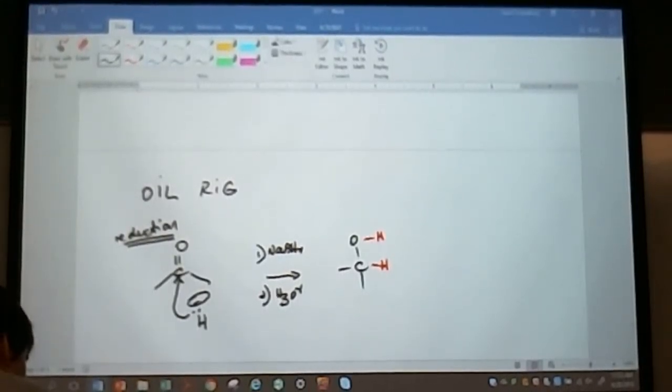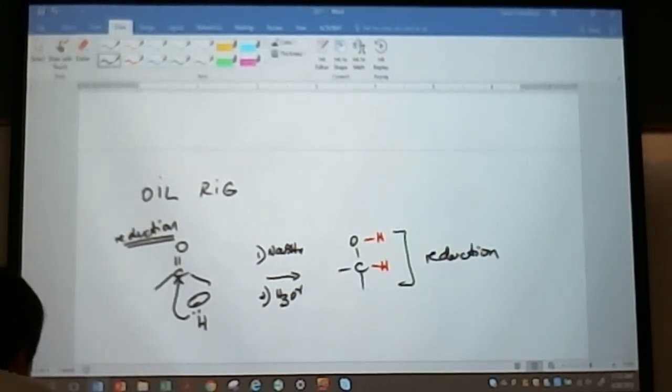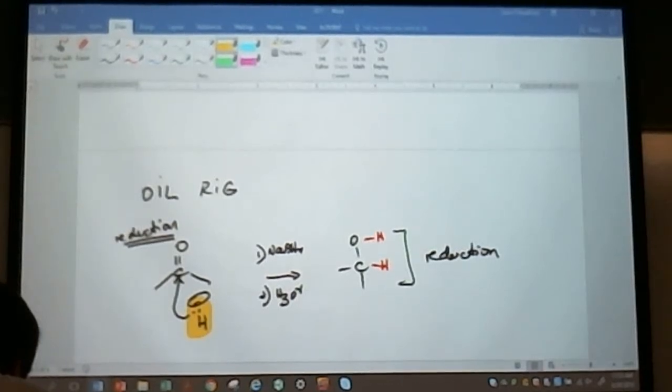Now, in this context, this is a reduction of the carbonyl to the alcohol. This is my reducing agent. It is causing the ketone or aldehyde to be reduced to the alcohol. So this right here is my reducing agent.